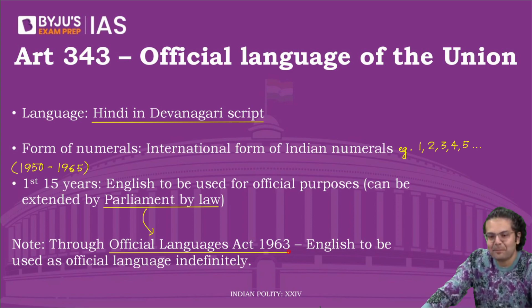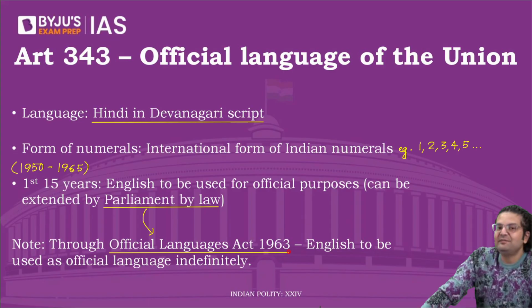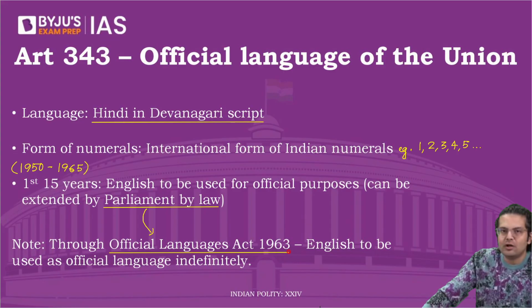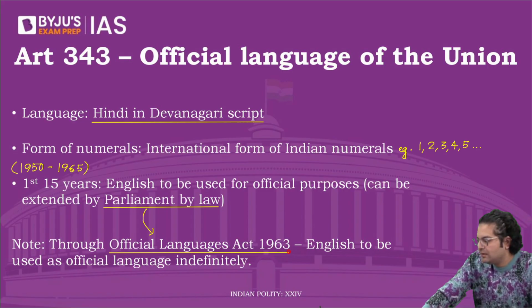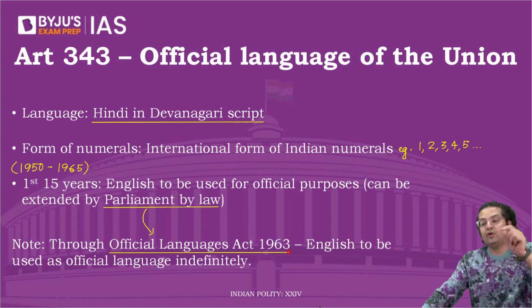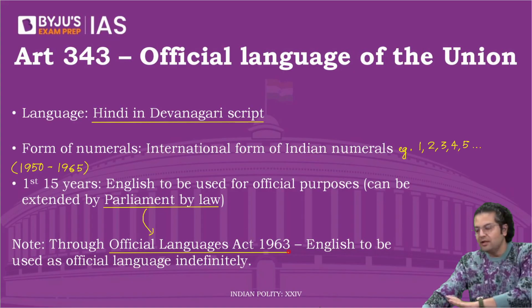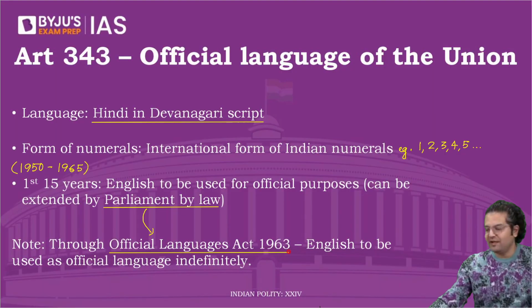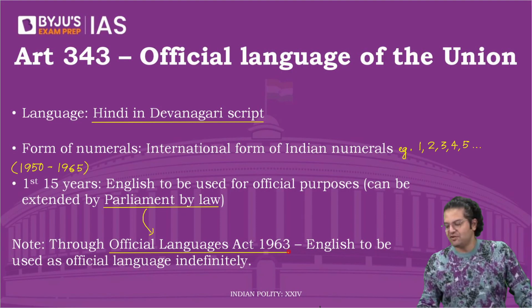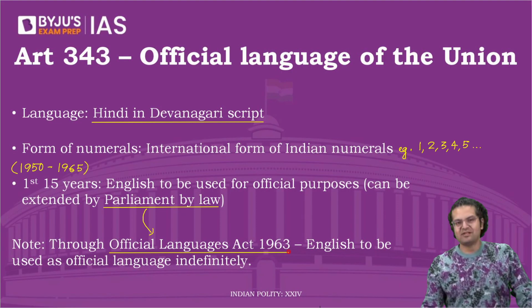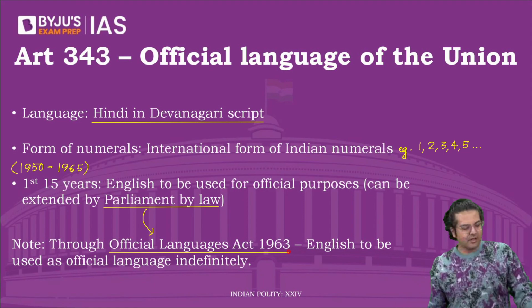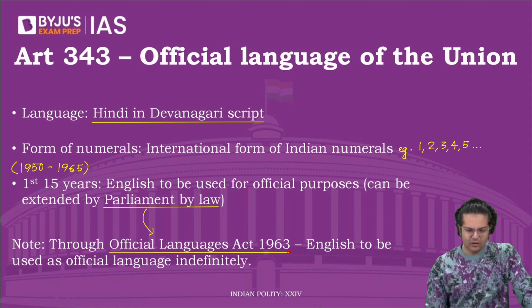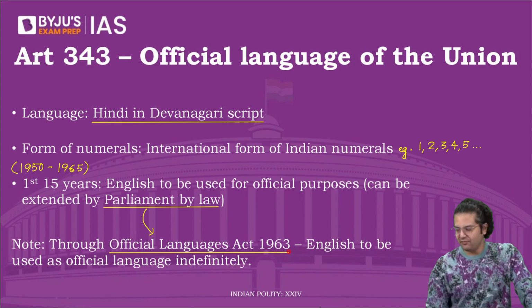So if all the non-Hindi speaking states like Tamil Nadu, Kerala, West Bengal, Gujarat, Maharashtra, Karnataka pass a resolution, then Hindi can become the official language in the country. Of course, like that's going to happen ever.